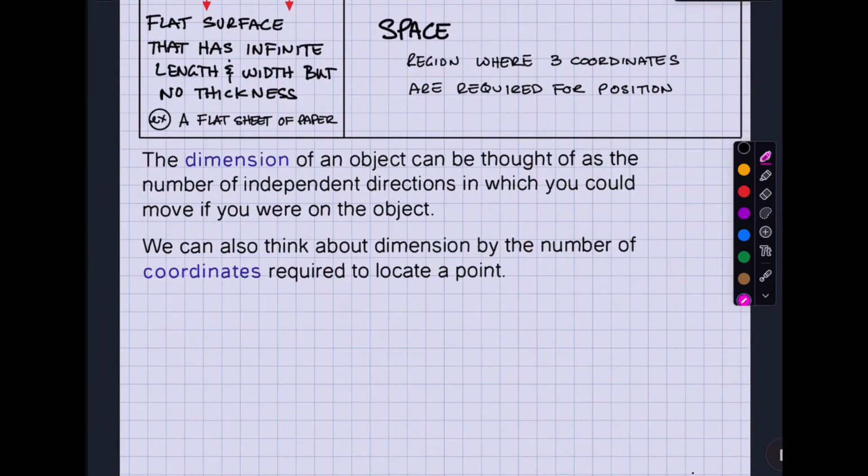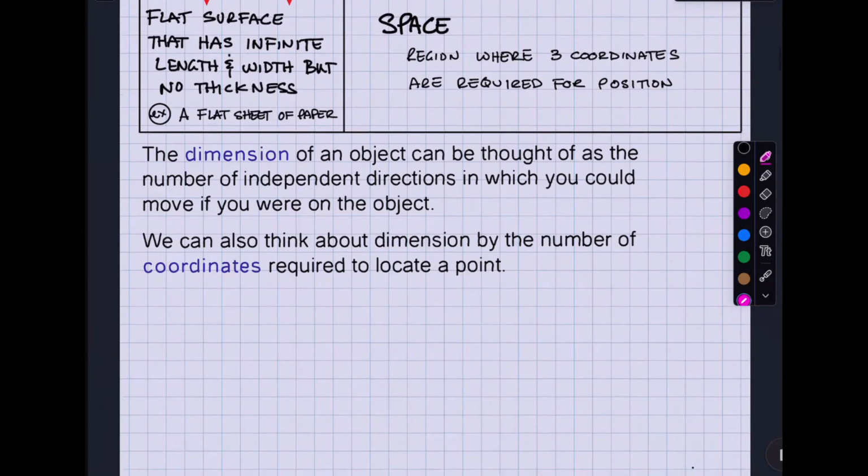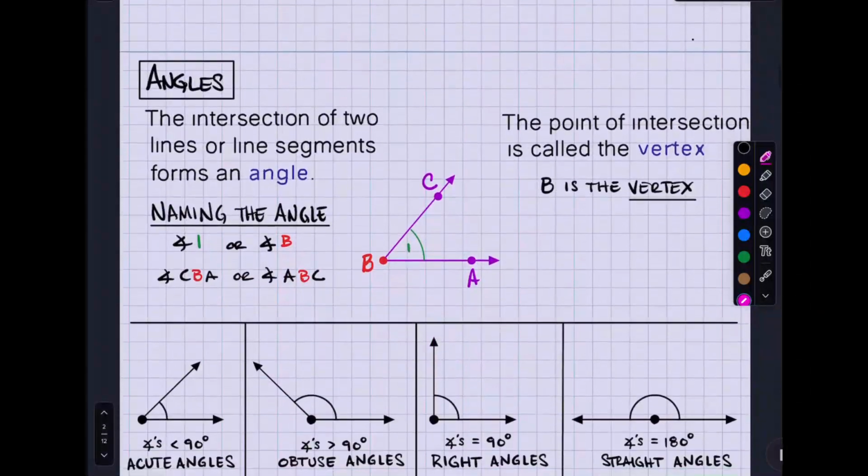The dimensions of an object can be thought of as the number of independent directions in which you could move if you were on the object. Okay? Angles.